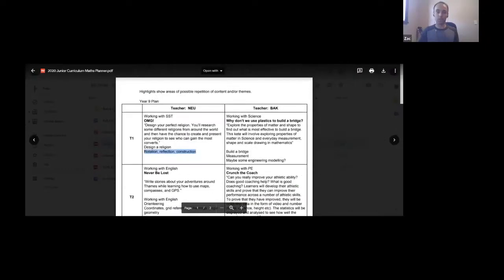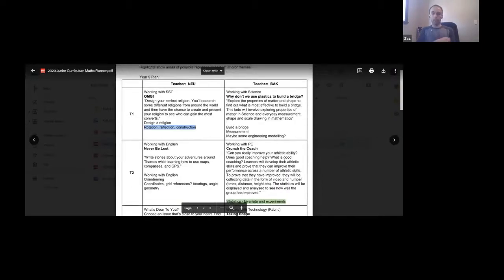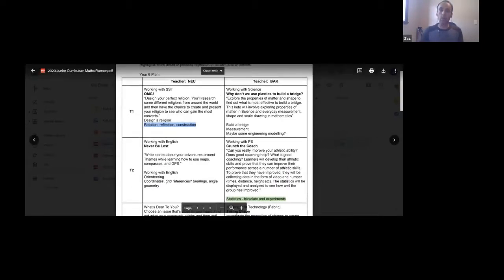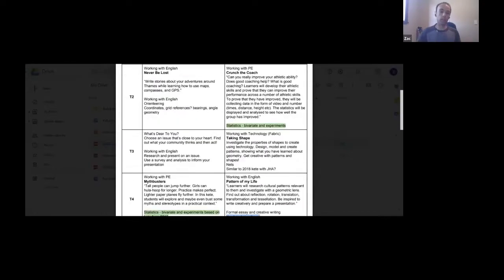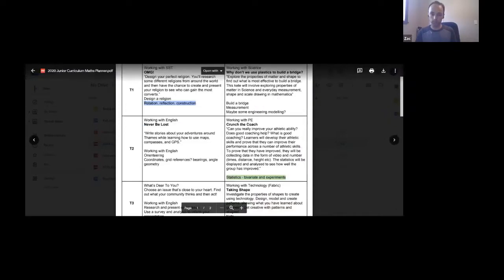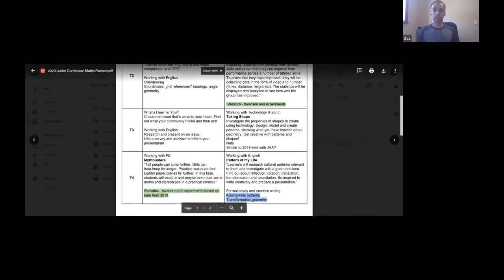You can see term 1, term 2, term 3, and term 4. Yes. Yeah, so this is what we get together. We see where learning objectives are falling and how they fall through the year for our year 9 group, for example. And you can see here, I've highlighted in green 2 places that statistics is falling.